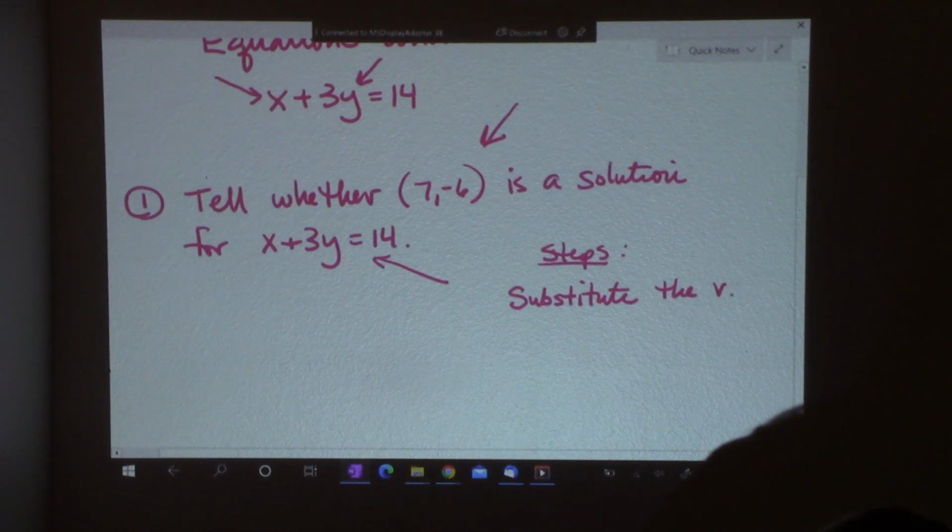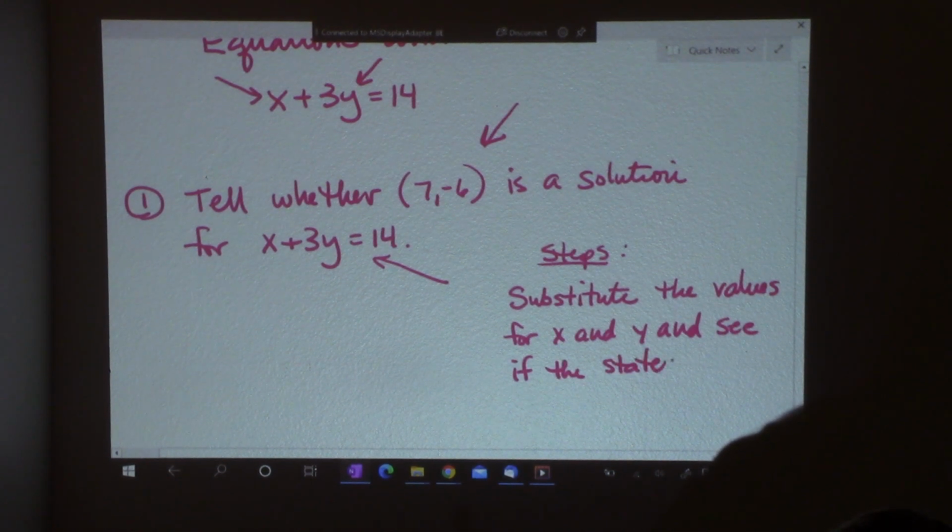Substitute the values for x and y, and see if the statement is true.